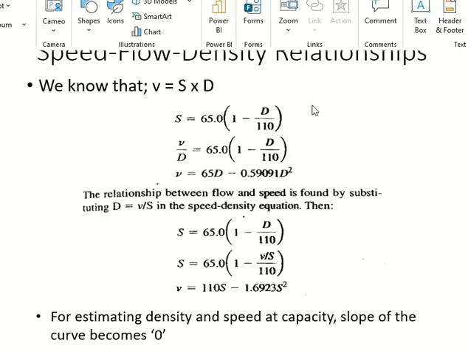I've already done it. I will do it on the board. Okay, dv upon dt. So what will be the derivative?